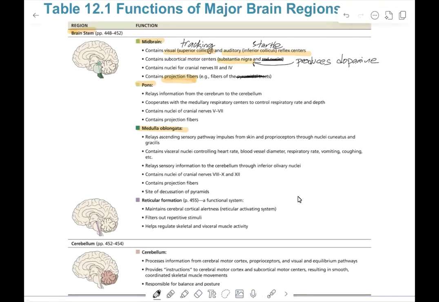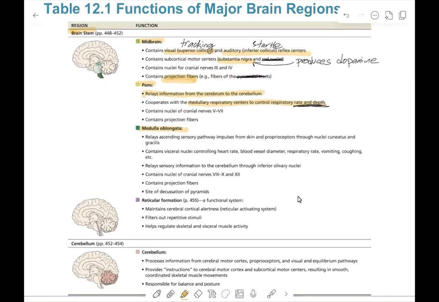The pons is going to relay information from the cerebrum to the cerebellum, cooperates with the medullary respiratory centers to control respiratory rate and depth. So since the pons is superior to the medulla, it can modify the rate and depth.